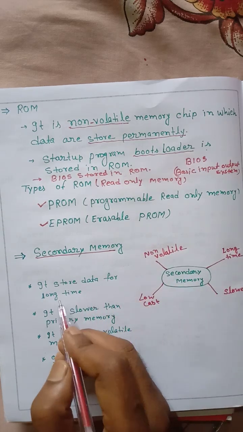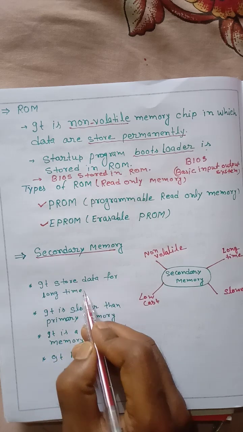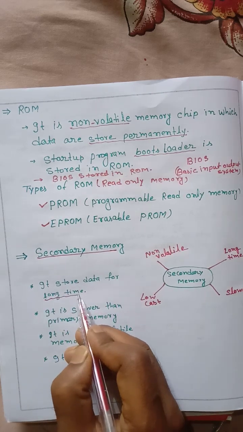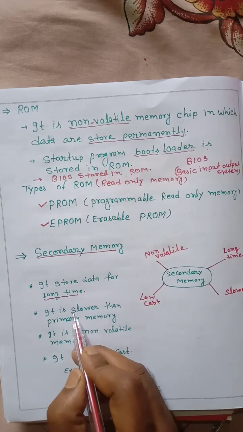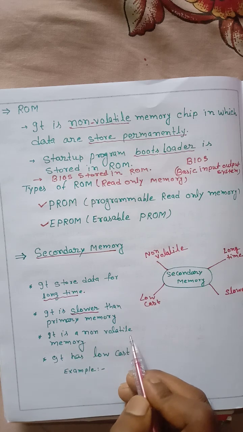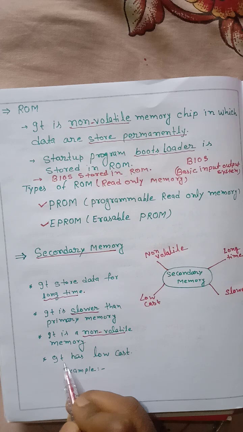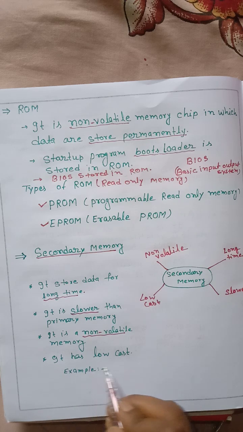So we write the points here. It stores data for a long time. It is slower than primary memory. It is a non-volatile memory. It has low cost.